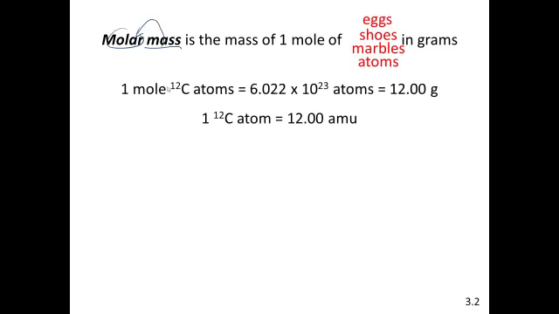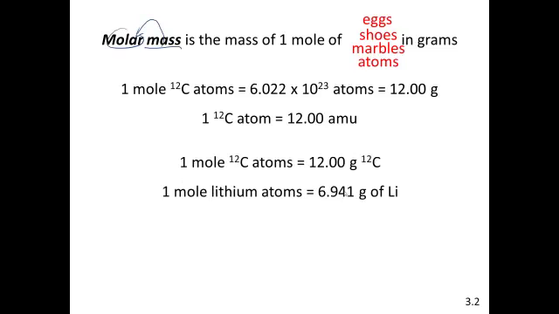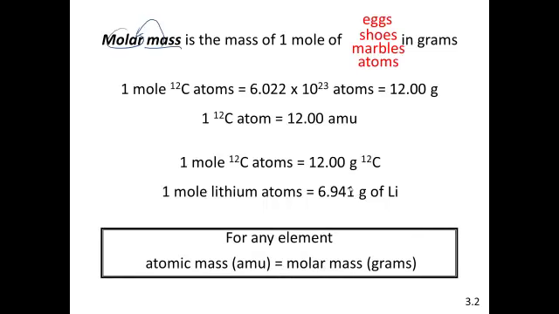One mole of carbon atoms, which means 6.02 times 10 to the 23rd atoms, which is a lot of atoms, weighs 12 grams, which is not much at all. A single carbon atom weighs 12 AMUs. Notice the difference between 12 atoms and a mole is simply gram and AMU. This holds true for any other element on the periodic table.